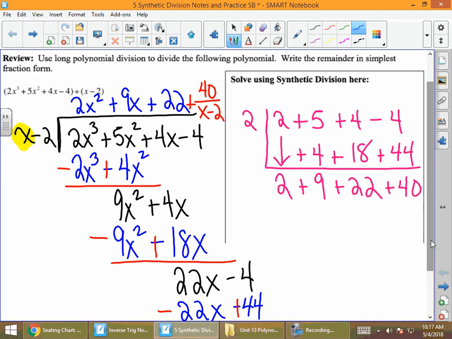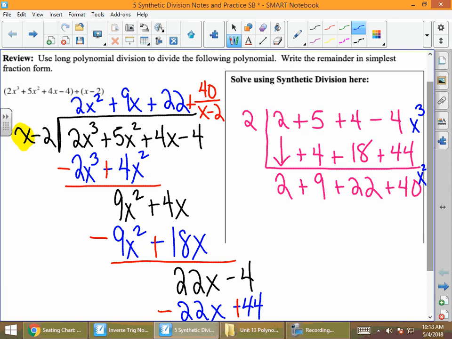And the other piece about synthetic division is this. When we start with our polynomial, in this case we started with an x cubed. When we use synthetic division, what happens is our degree decreases by 1. So we started with x cubed, we divided, this is going to be an x squared.